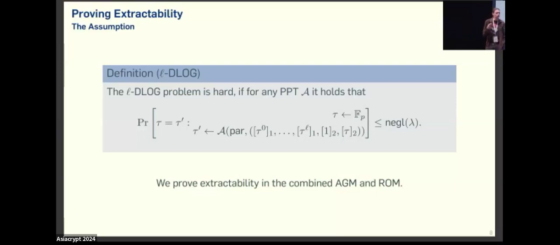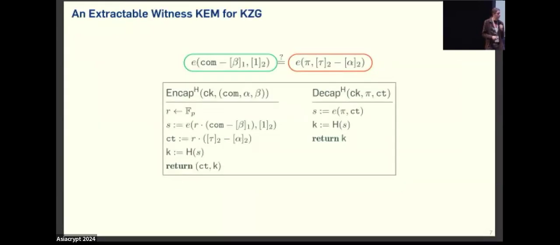So I will not have time to go through the details of the actual extraction proof, but we do prove the extractability in the combined algebraic group model and random oracle model. The basic idea of the proof is that whenever an adversary is capable of distinguishing between the real key and the random key, that means that they must have made a random oracle query to this value s that gets basically sent to the random oracle here.